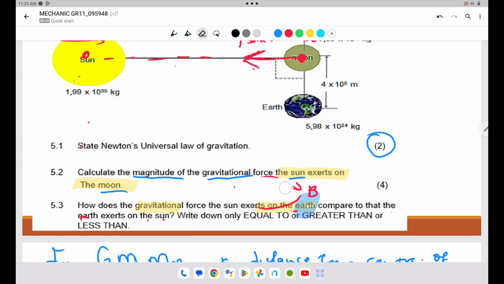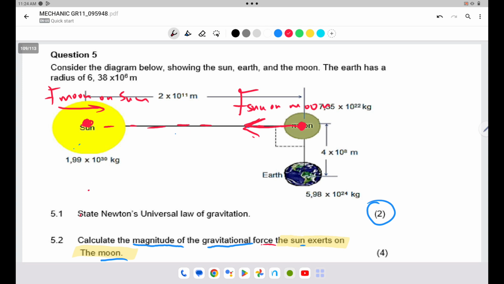So the forces that we are talking about here, they are equal because they have the same magnitude. This is according to Newton's third law, and that is exactly what I was applying here.